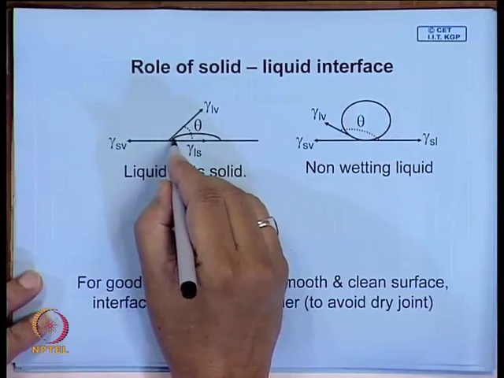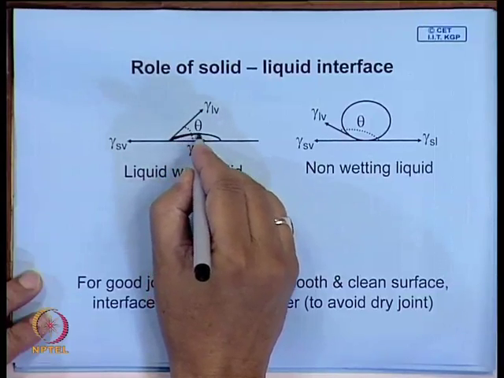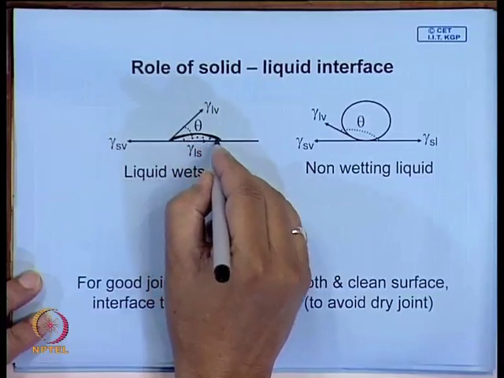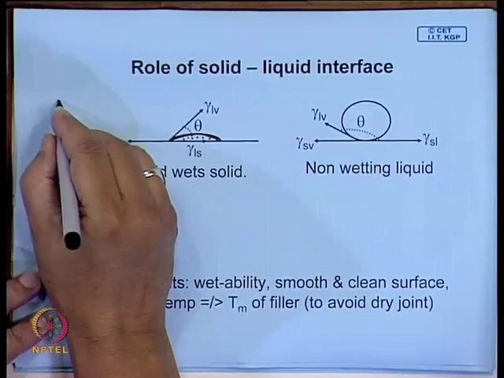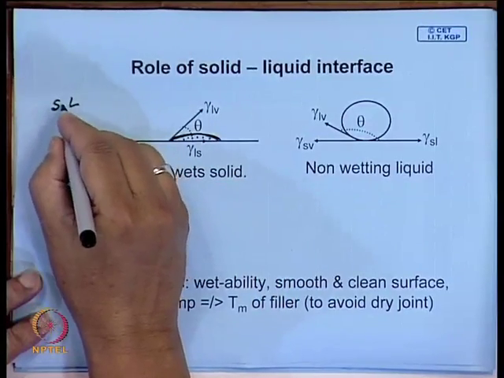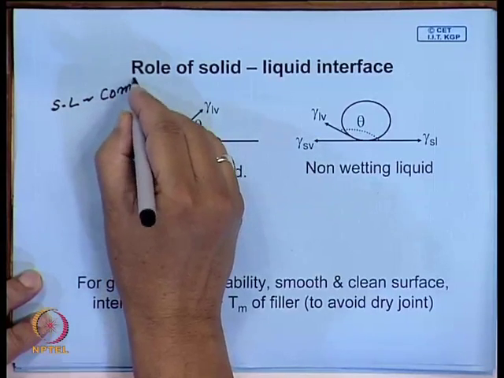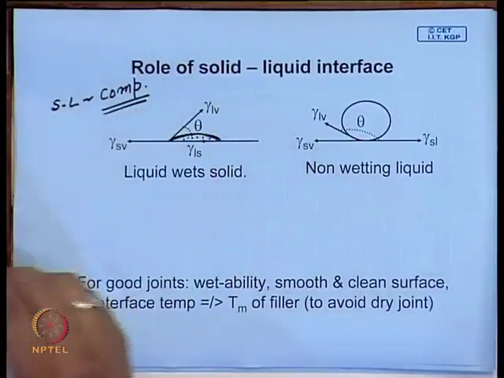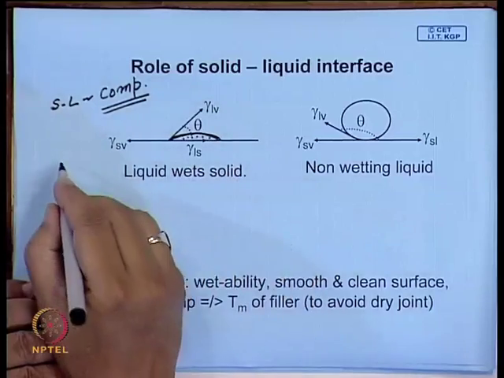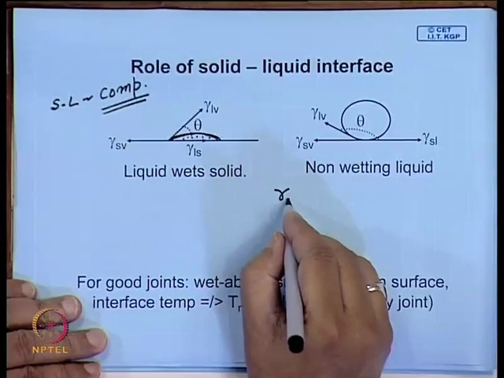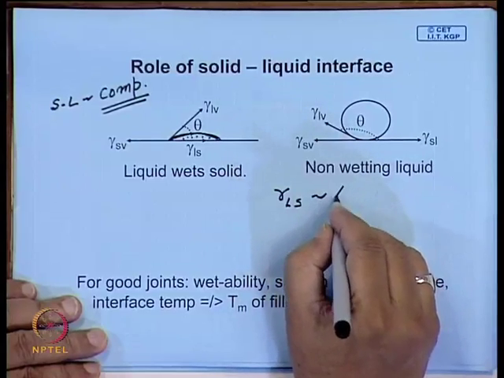Now, in the case of welding, the main difference is that this is the molten pool of metal, and the metal that is solid and liquid have nearly the same composition. This has the same composition. Therefore, it is very likely that gamma liquid solid will be very low.